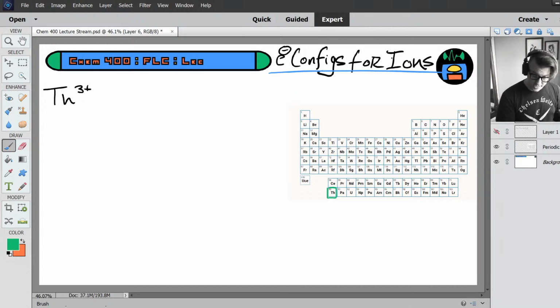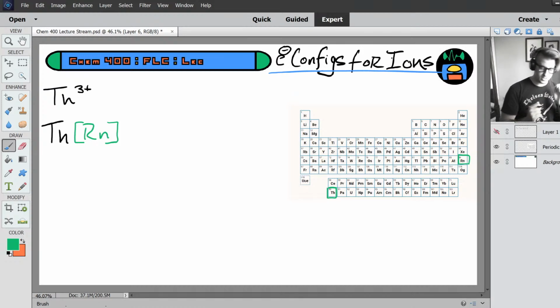It is number 90, which means its nearest noble gas is radon, right? Because, again, you begin writing the electron configuration for an ion by first writing the electron configuration for the neutral atom, and then you adjust electrons either up or down. So we're going to start with radon.